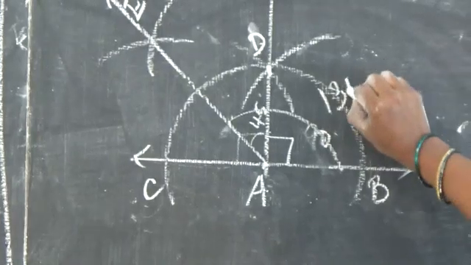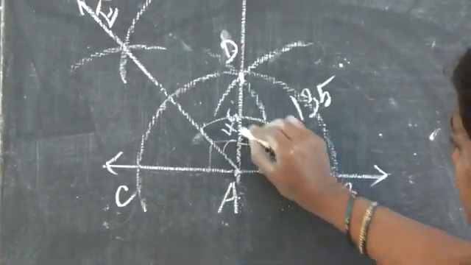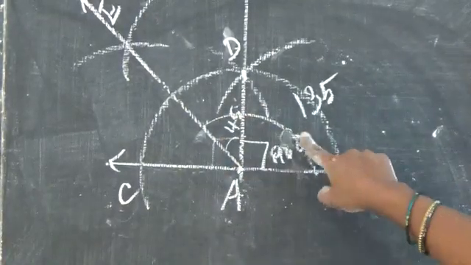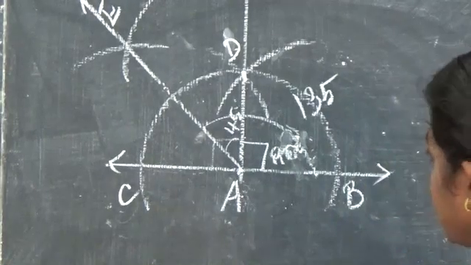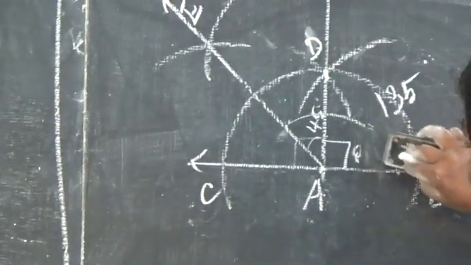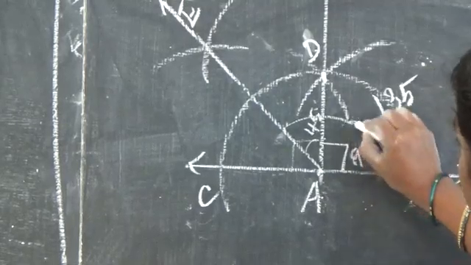Fully 135 degree. This is 45 degree, this is 90 degree, fully 90 plus 45, you will get 135 degree.